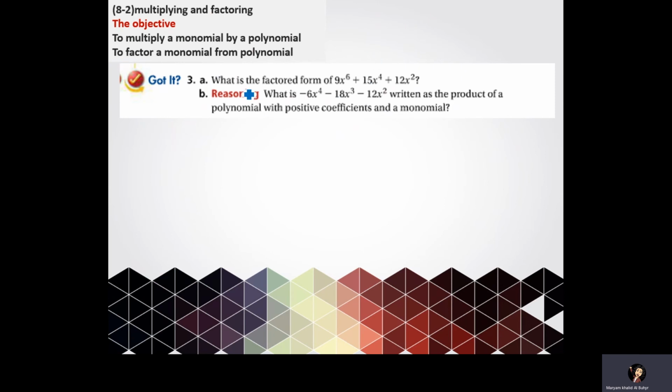So the first one, 9, term by term, x to the power 6. Try to factor it. 9 is really easy to factor, so that is 3 times 3. Then I'll repeat x 6 times, so that is x times x times x times x times x times x, 6 times.